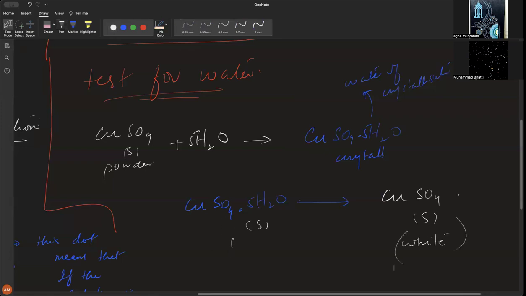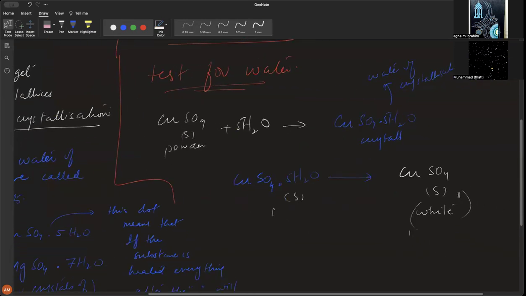Most of the water has evaporated because of the heating. Do you get this point? This is clear.